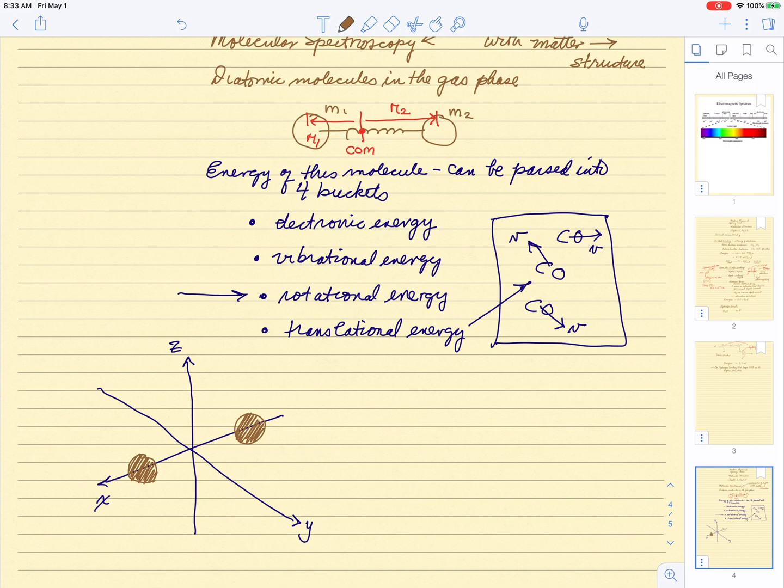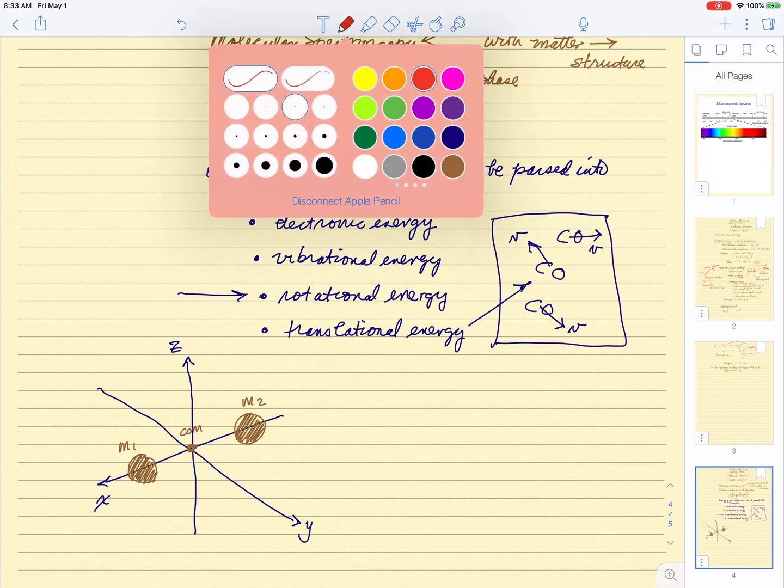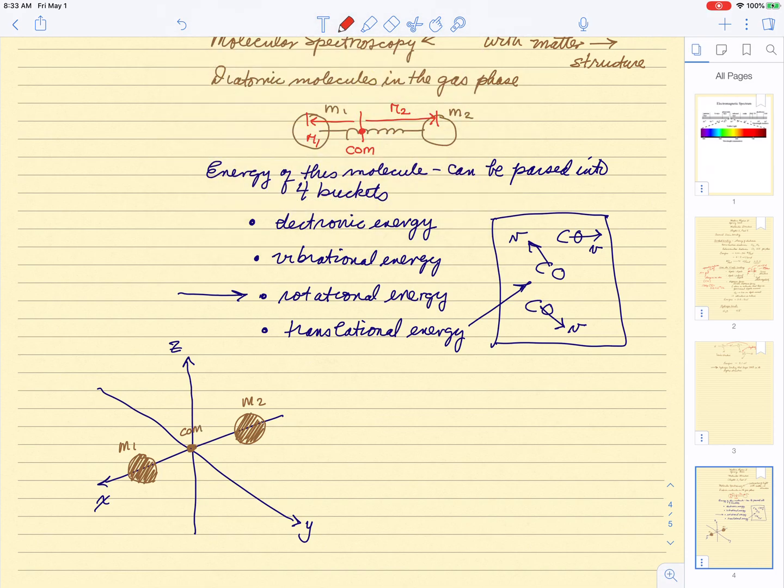All right, there's two. We'll call this M1. We'll call this M2. This will be the center of mass. The distances from the center of mass then will be R1 and R2.